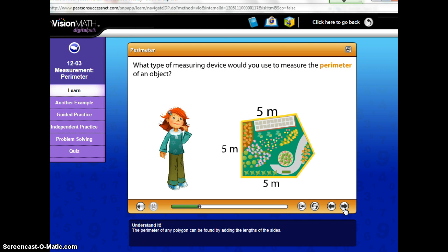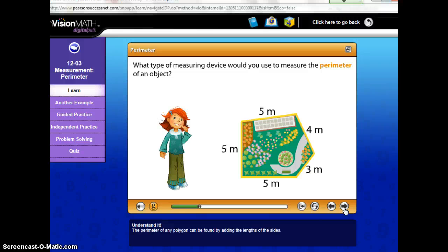What type of measuring device do you think you would use if you were measuring perimeter? Aiden? A meter stick you could certainly use. Is there any other tool you could use? It would depend how big. Sure, exactly. But give me some other examples.